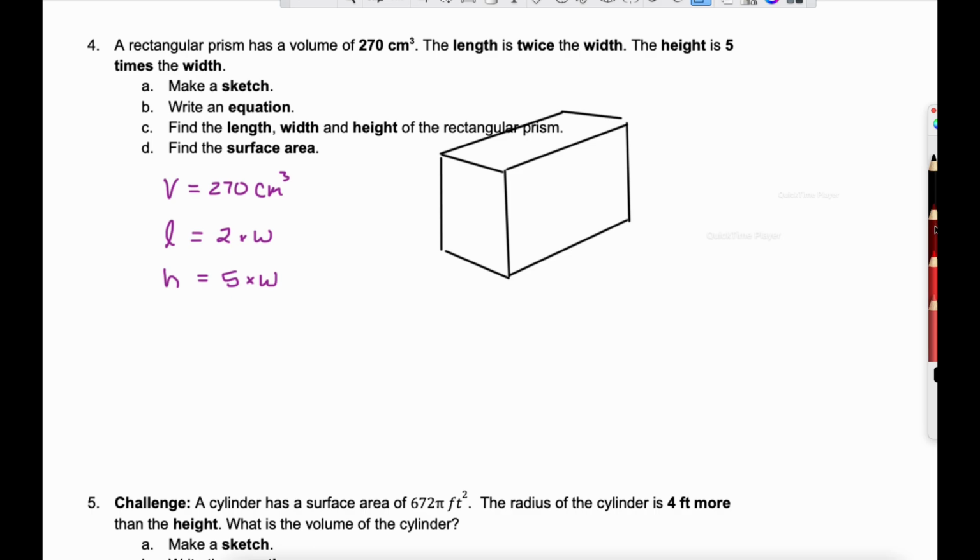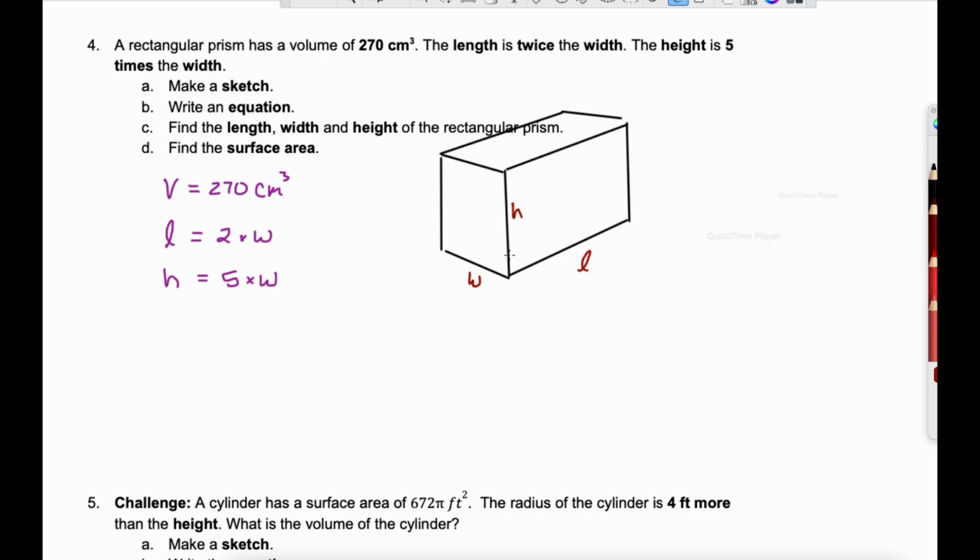Okay. What do I have here? So we've got length, width, and height, your standard dimensions for a rectangular prism. We're saying that this height is 5 times the width.